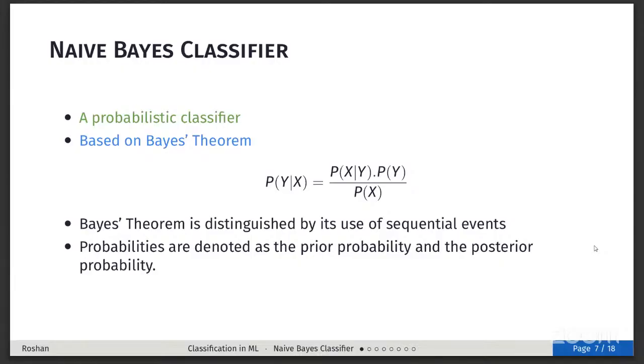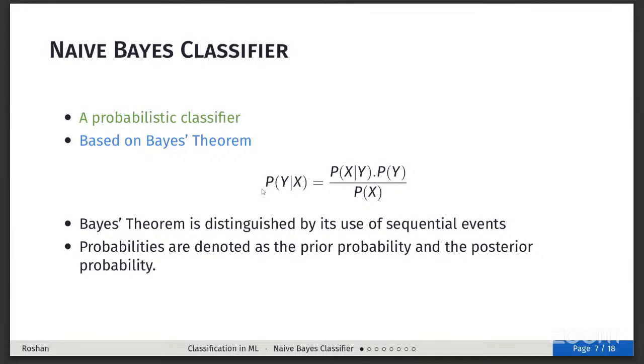So we'll start with the naive Bayes classifier. It is what I would call a probabilistic classifier, and it is based on Bayes theorem. If you learned a bit of probability in high school, you might know about Bayes theorem.